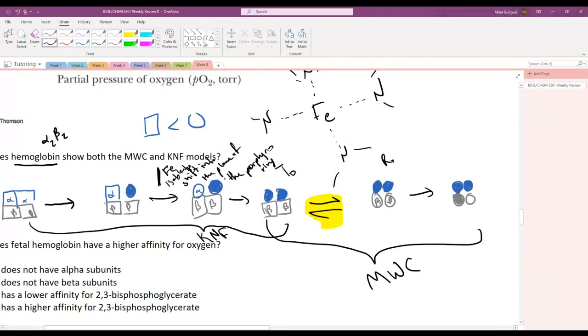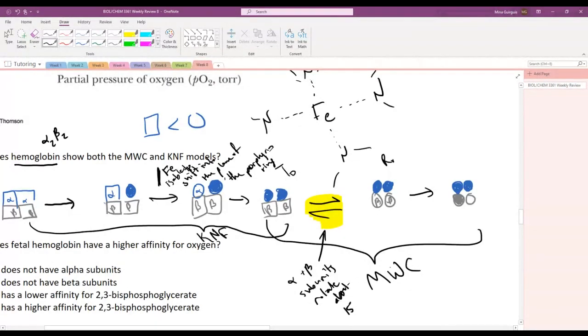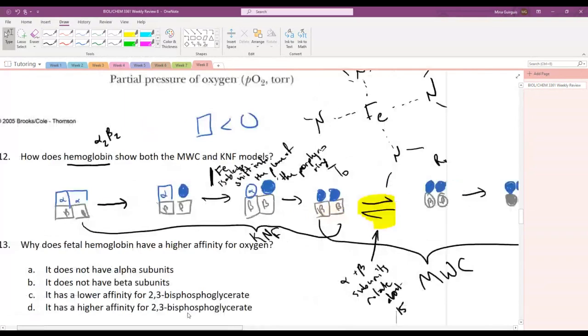Okay, this shift is because the alpha and beta subunits rotate about 15 degrees, and that rotation, that conformational change as we've been calling it, the way that I think of it is it almost opens up the substrate binding sites, but really it's more that it makes it more favorable to bind in some way. Okay, but yeah, so that's the model.